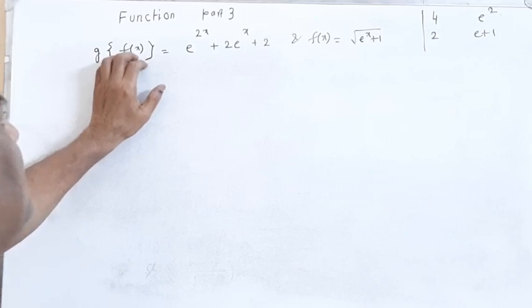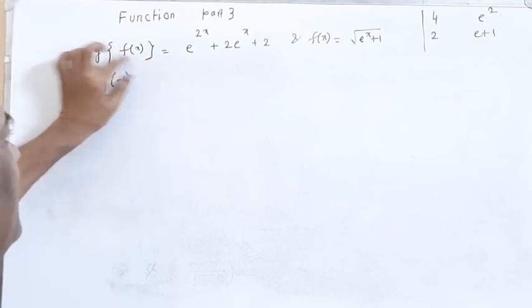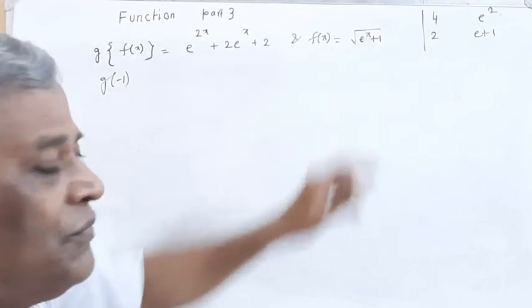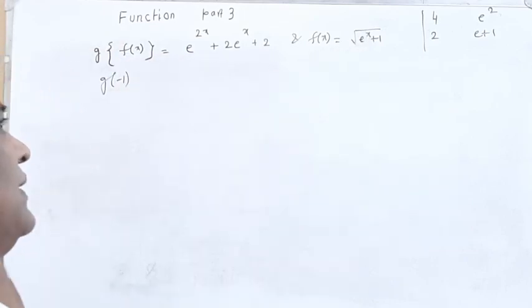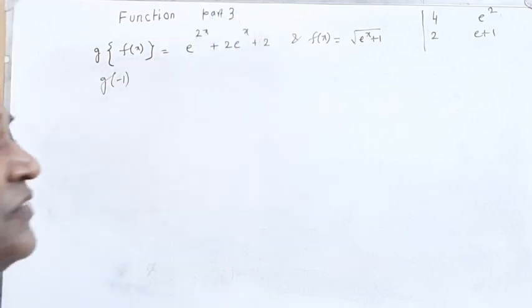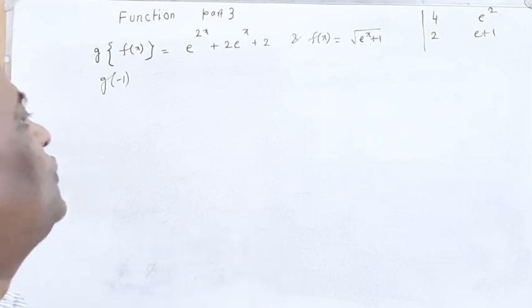It is a composition function. The original function is g and its argument is f(x). What is f(x)? Now f(x) is equal to root of e to the power x plus 1. So we have to first express this as a function of root of e to the power x plus 1.